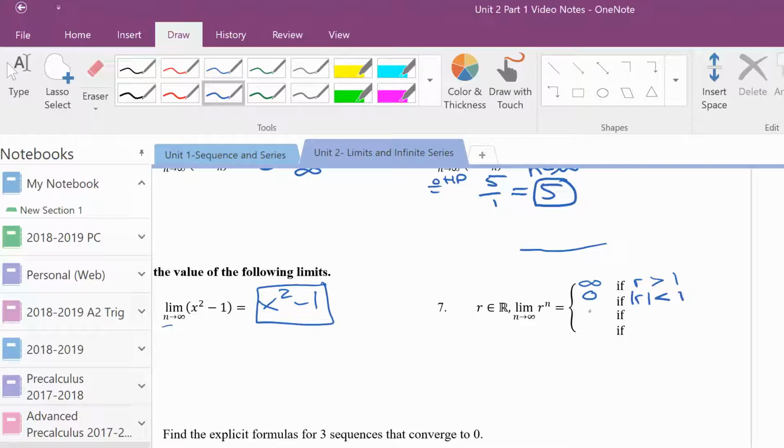It's 1 if r is equal to 1, and it does not exist if r is less than or equal to negative 1, because if r is a negative number, then it's going to oscillate back and forth.